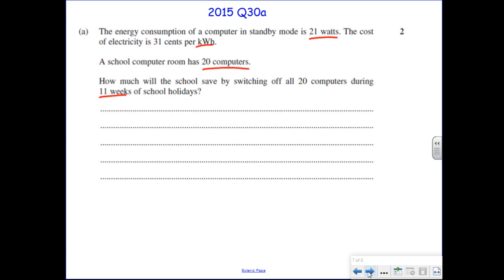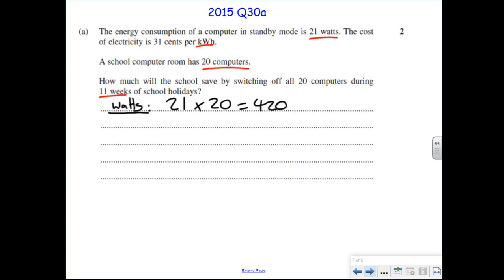First of all, let's find how many watts are being used. Not kilowatt hours, just the watts. We're told the energy consumption is 21 watts per computer, but there are 20 computers, so we're going to times this by 20, which equals 420.